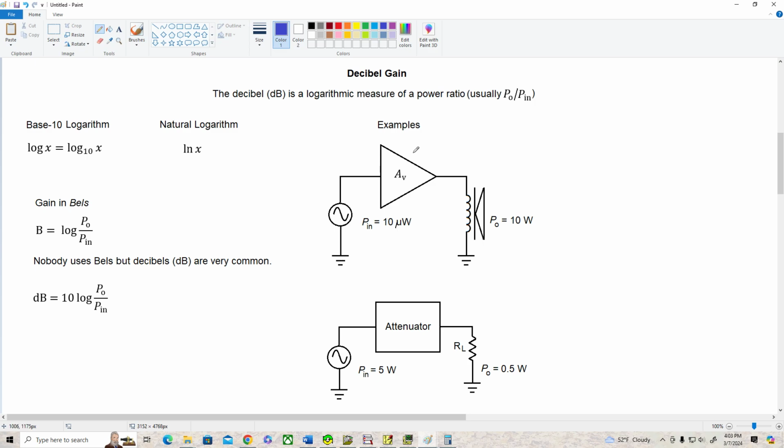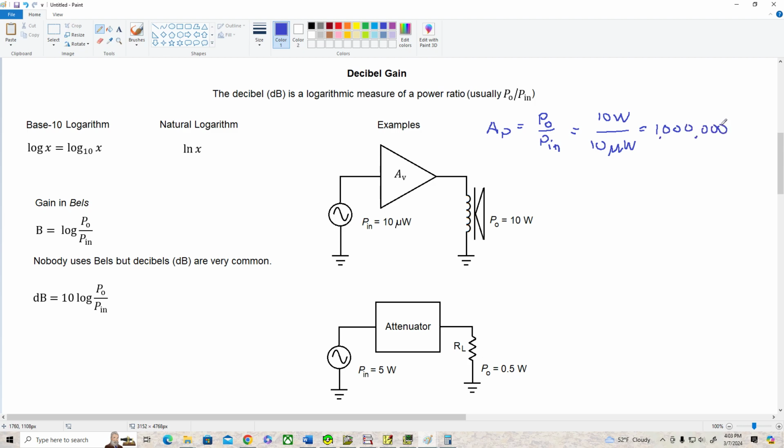Here I've got an amplifier driving a loudspeaker, and in order to produce a 10-watt power output, we have to absorb 10 microwatts from this source. So the power gain, I'll call A sub P, which is power out over power in, is equal to 10 watts divided by 10 microwatts, and that's 1 million.